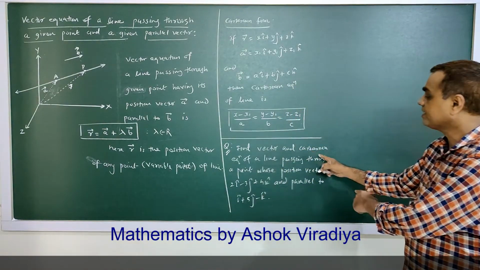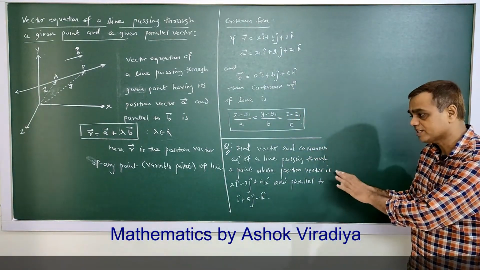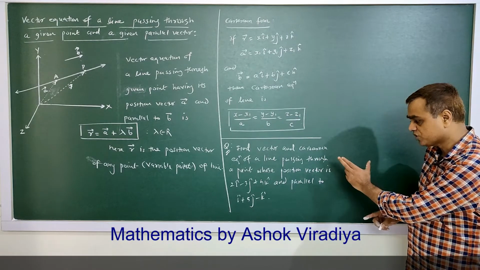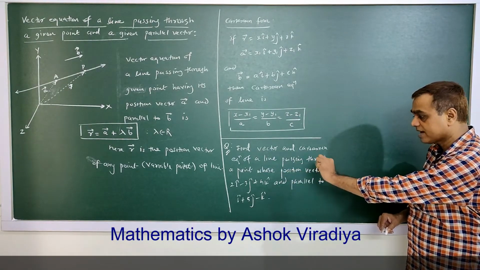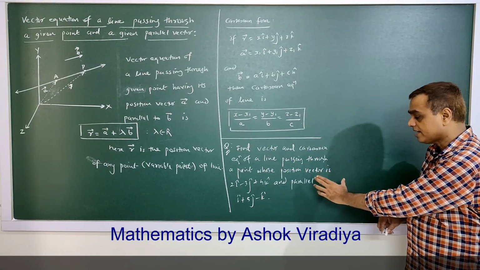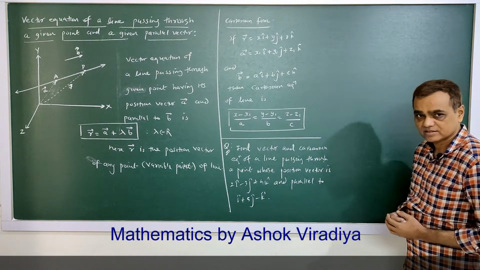So we find the vector and Cartesian equation of a line passing through a point whose position vector is this vector, and the line is parallel to this vector.